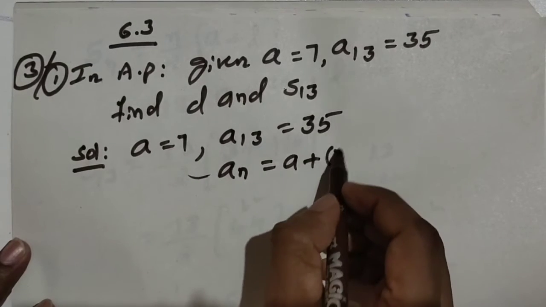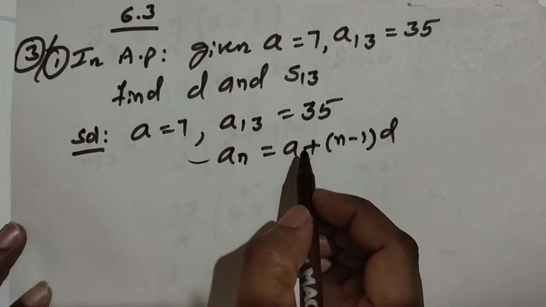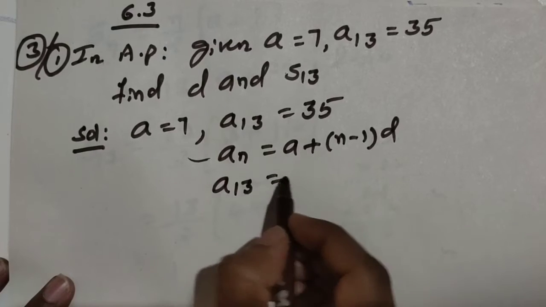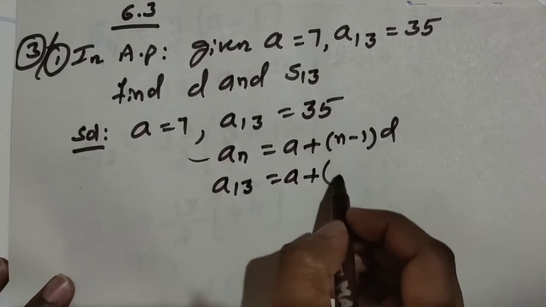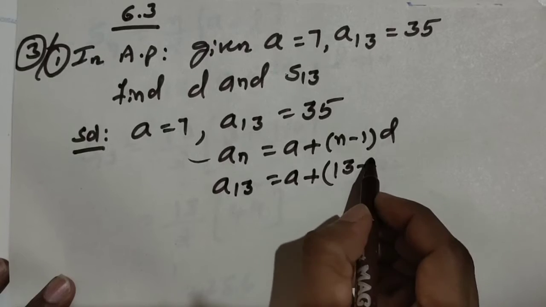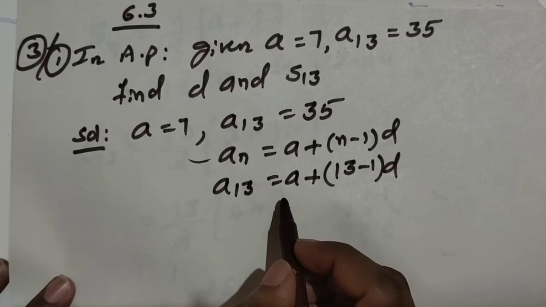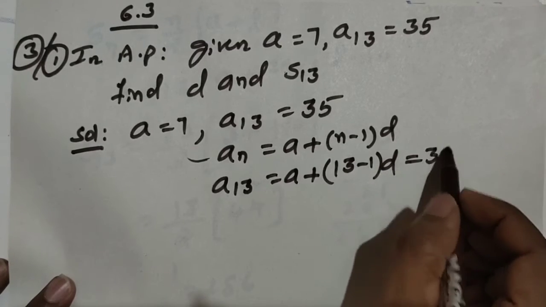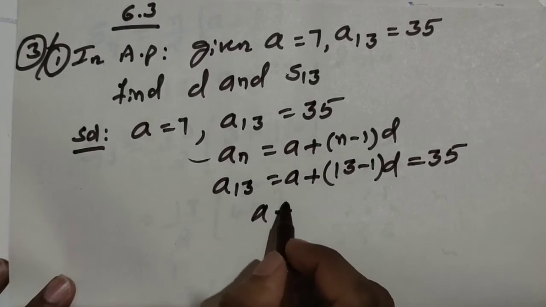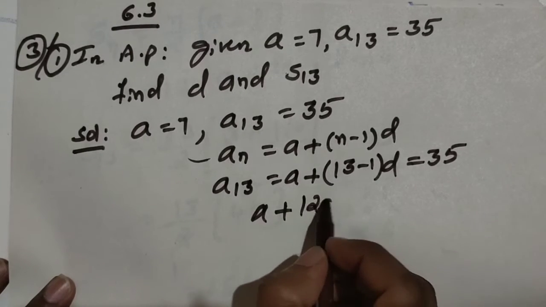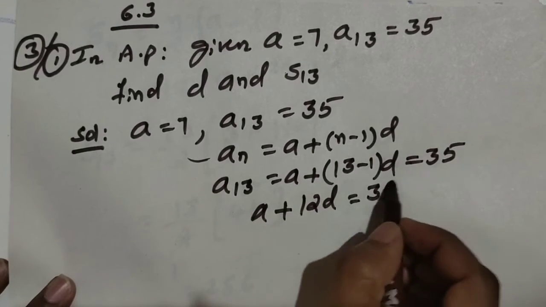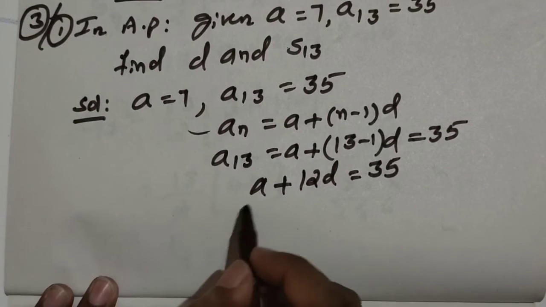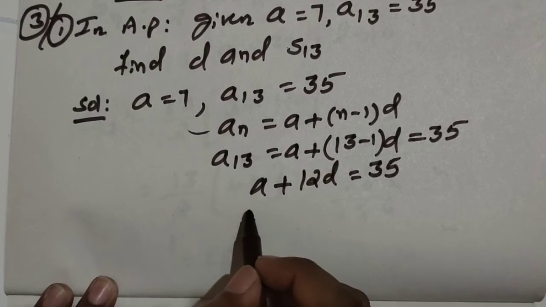A plus n minus 1 into D. So by that we can write A13 is equal to A plus 13 minus 1 into D. It is given as 35. So now A plus 12D is equal to 35, isn't it? Now substitute A is equal to 7.